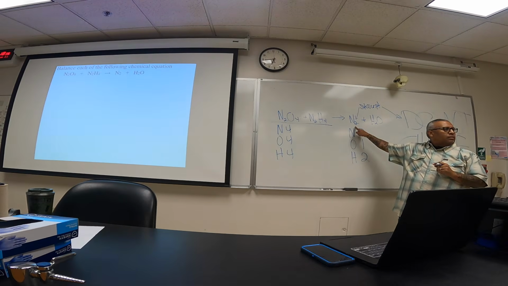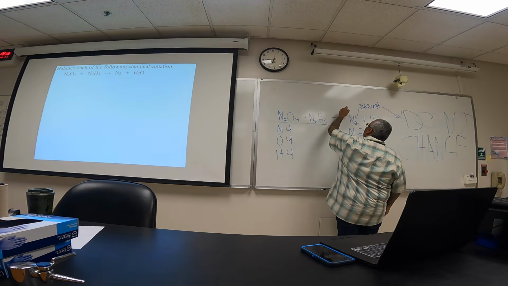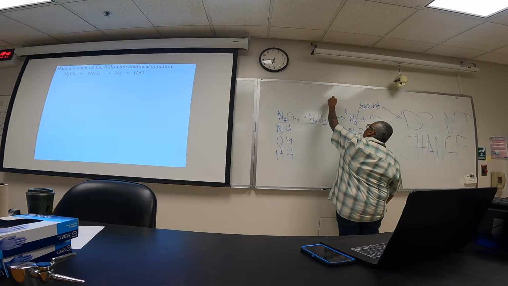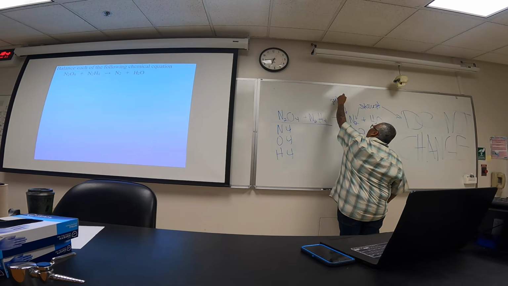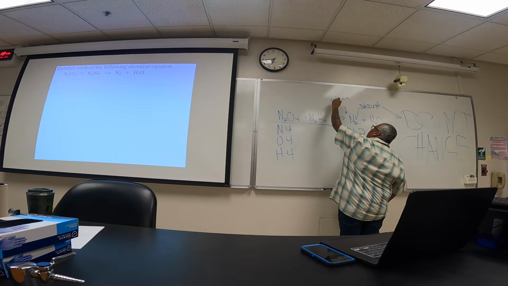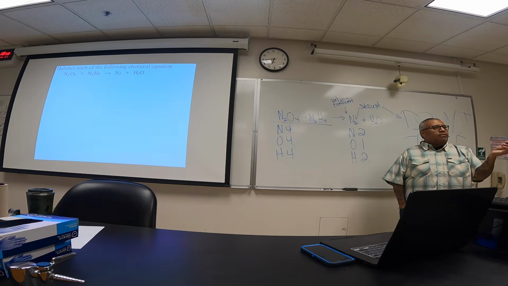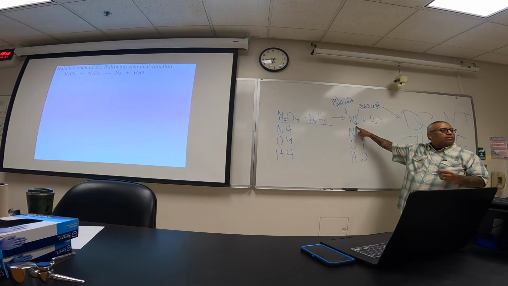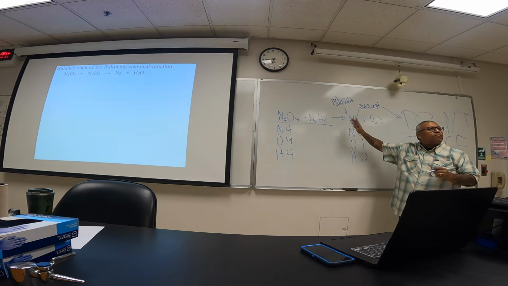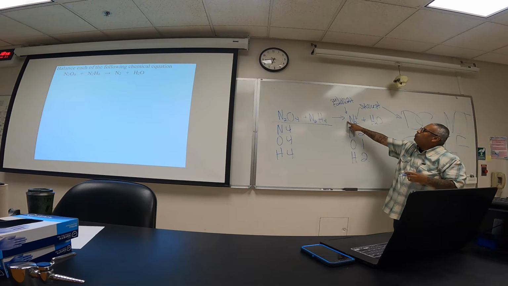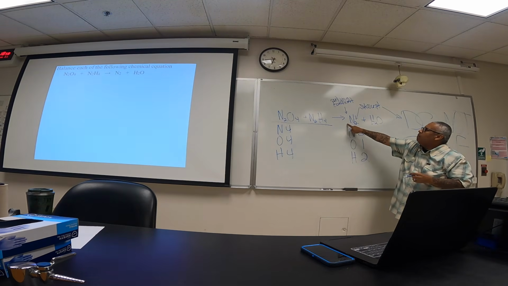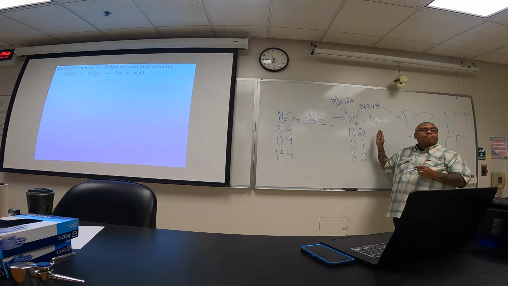Leave this as it is. What we need is to put in a coefficient. That's how we're going to fix this, right? We don't change this. We just put in a coefficient that would fix it. So what number could I put here that would make it so I have 4 on this side?